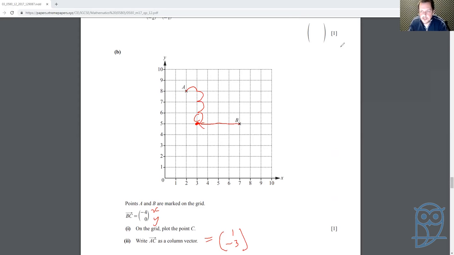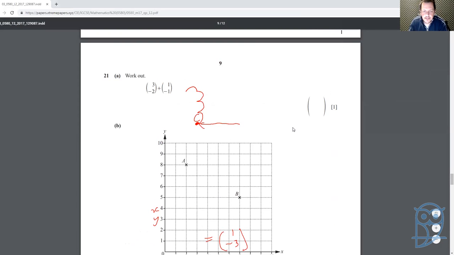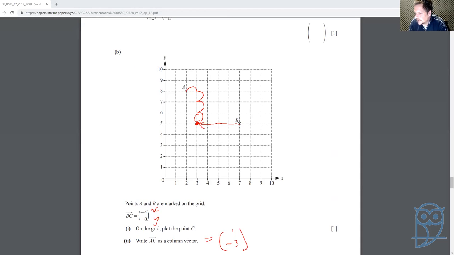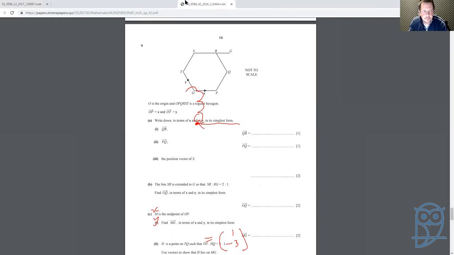These two questions have actually been on a core paper, not an extended paper. So if I bring out an extended paper, we can get a question that looks like this.